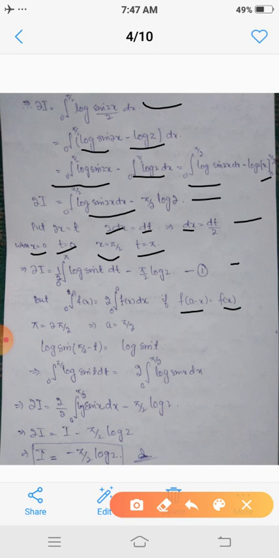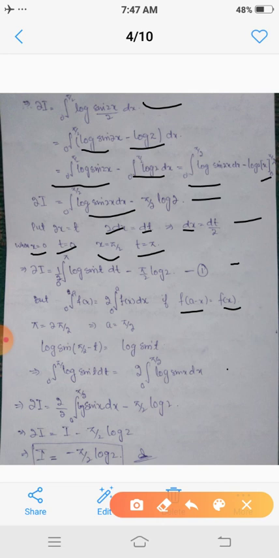Now using this in equation first, we simply get 2I equals 2 by 2 times the integral 0 to pi by 2 log sine x dx, because we can change the variables in a definite integral.